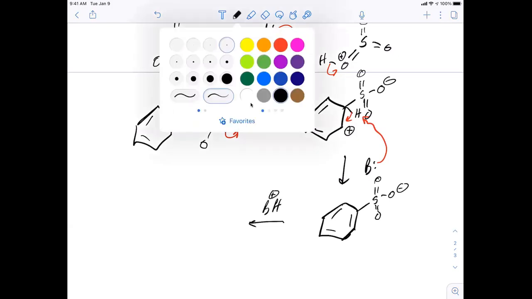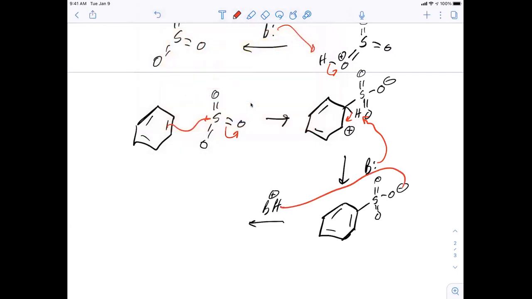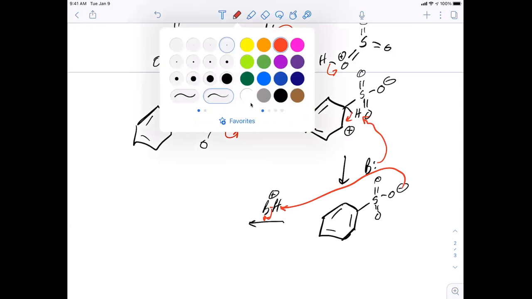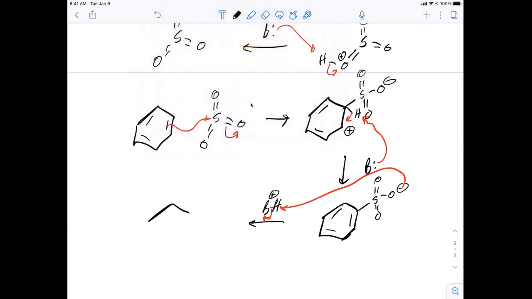And then the last step is just to get that proton back onto the sulfonate. All right, so we have electrophilic addition, we get the acid base, we get the proton transfer.